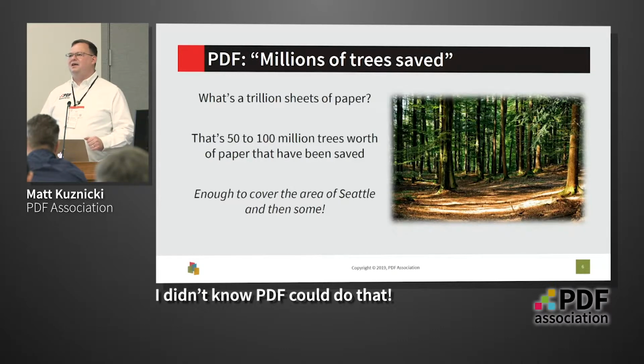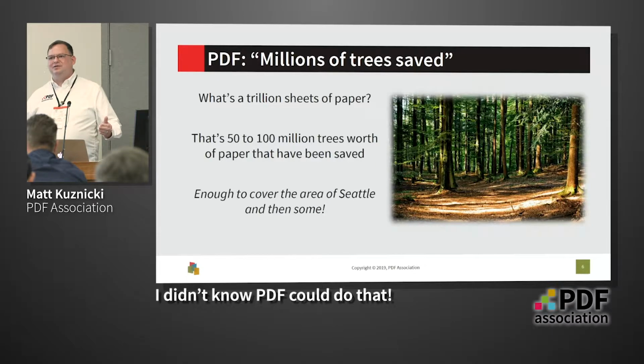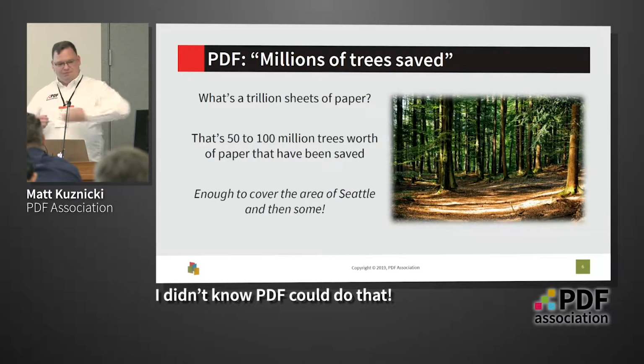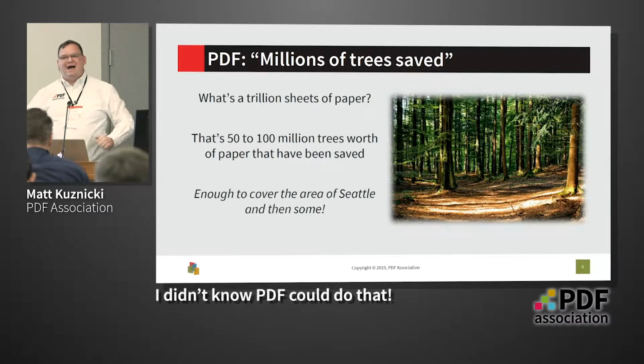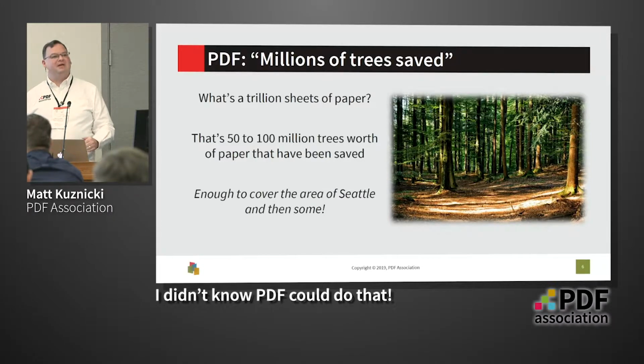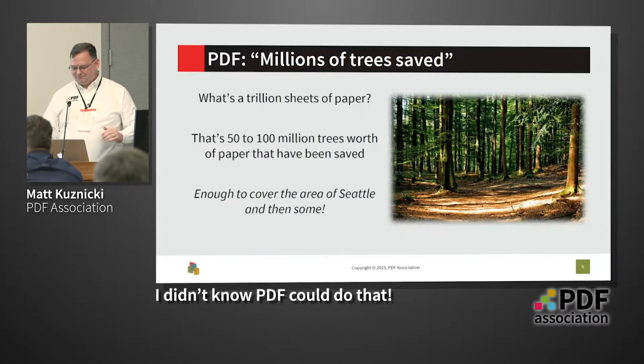That is enough trees, if we planted them, that would take up the entire city of Seattle. And at 100 million trees, we might take up most of the whole metro Seattle area. We just remove it all, put the trees back. That's how many trees we may have saved with PDF, if not more.